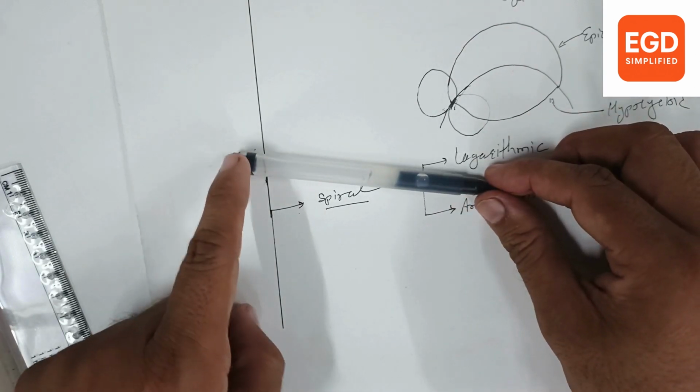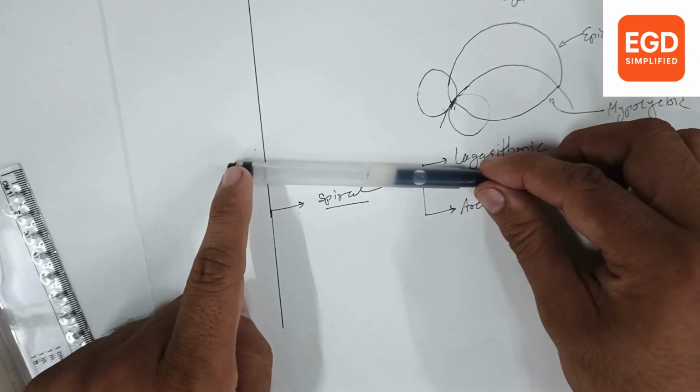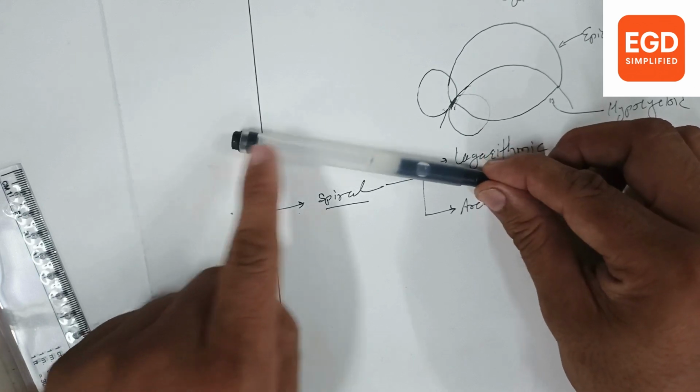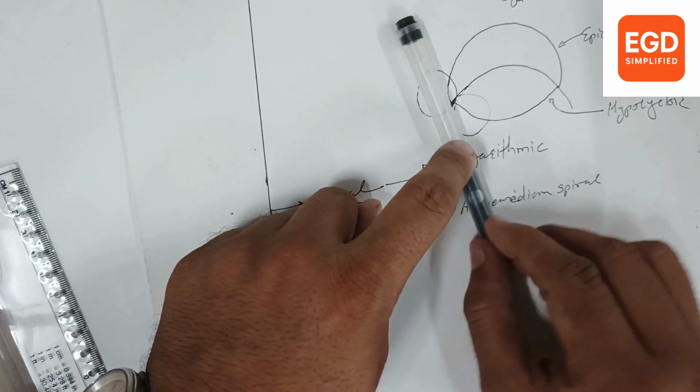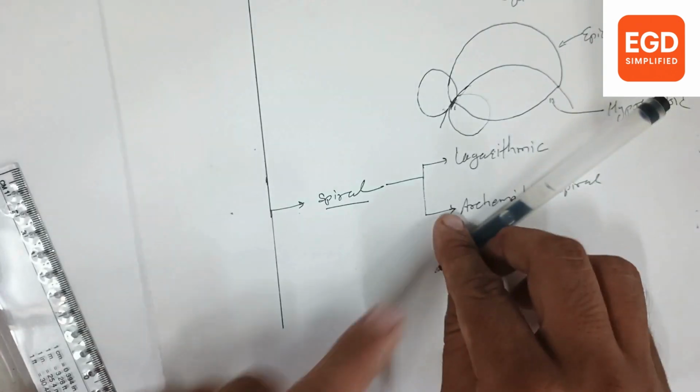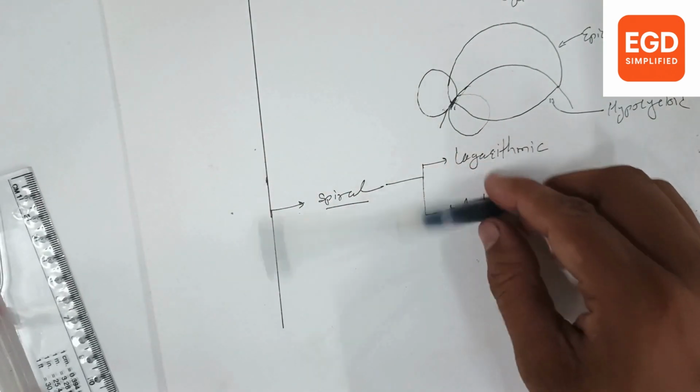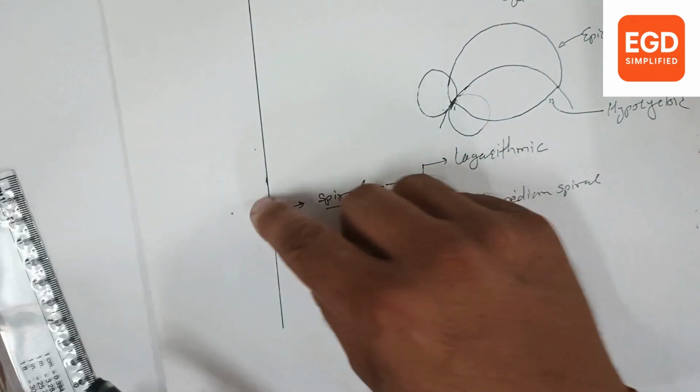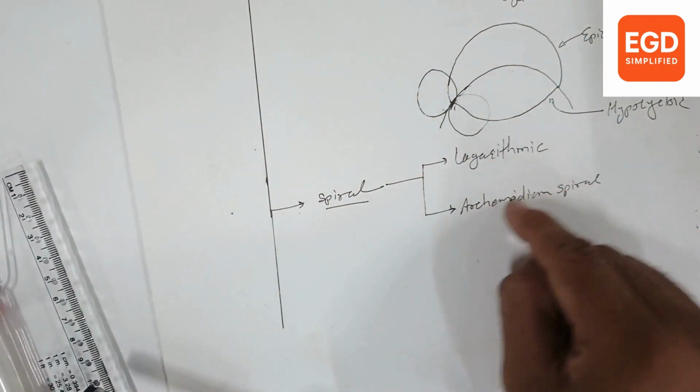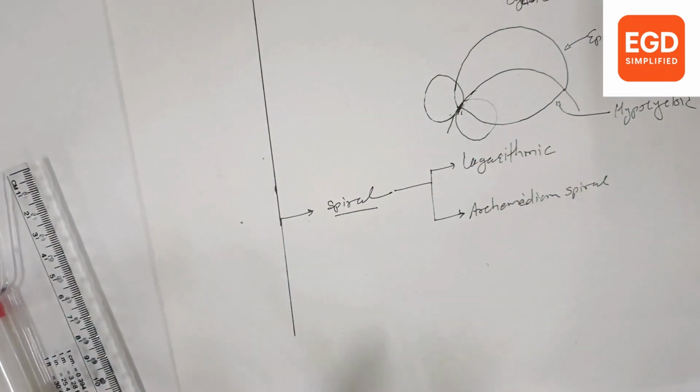We are tracking the path of that insect. Initially it is here, then it is here, then here. As one full revolution completes, the insect will be here, so its path will be in a spiral form.